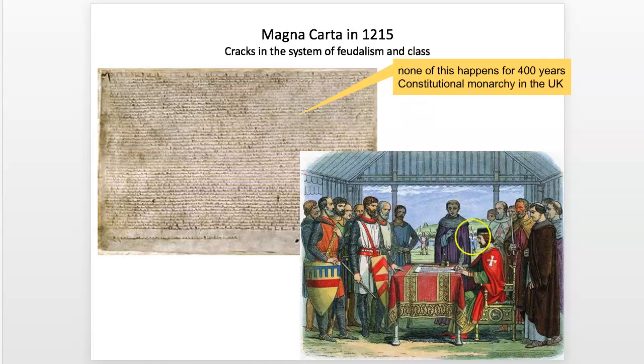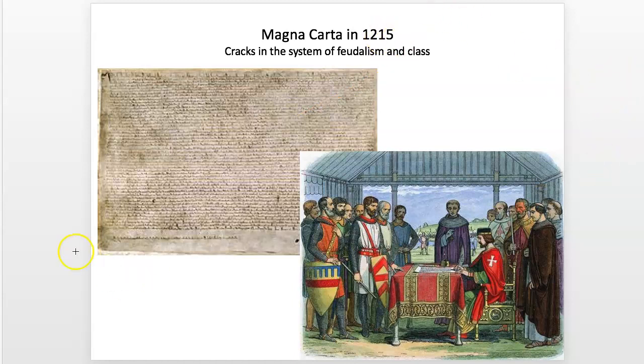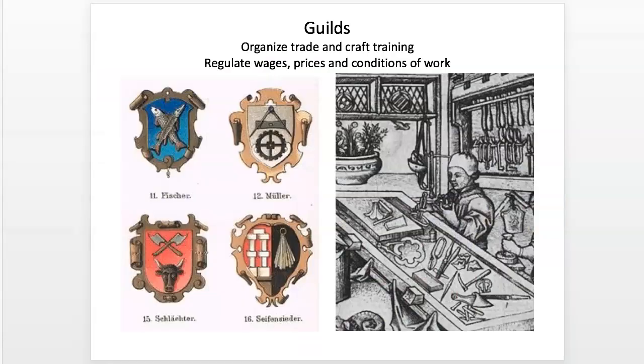So Archbishop of Canterbury is an English archbishop. So this doesn't happen until 400 years later. So it takes a long time from this point to get to that. So here we are with that big idea of a crack. That's really what I'm trying to show you, is that things are beginning to move and shake it up a bit. Important, really, really important document in the history of the world.